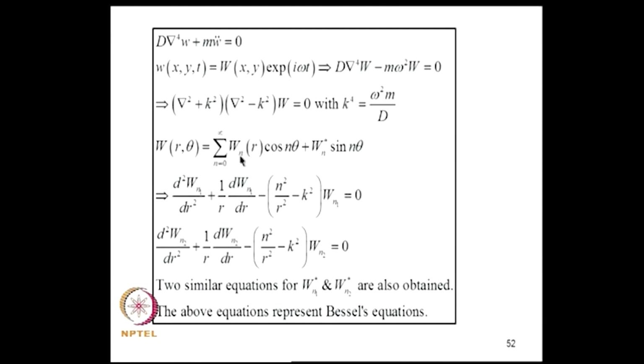Now, if we expand the solution in terms of sine and cosine terms in theta, we can get this set of equations for these amplitudes in R, which are depicted here, and this is the equation for Wn and a similar equation for Wn star can also be obtained.